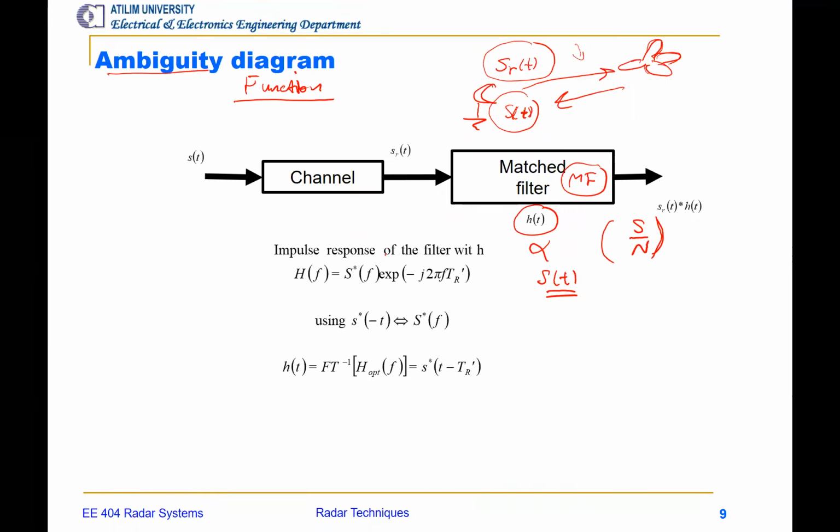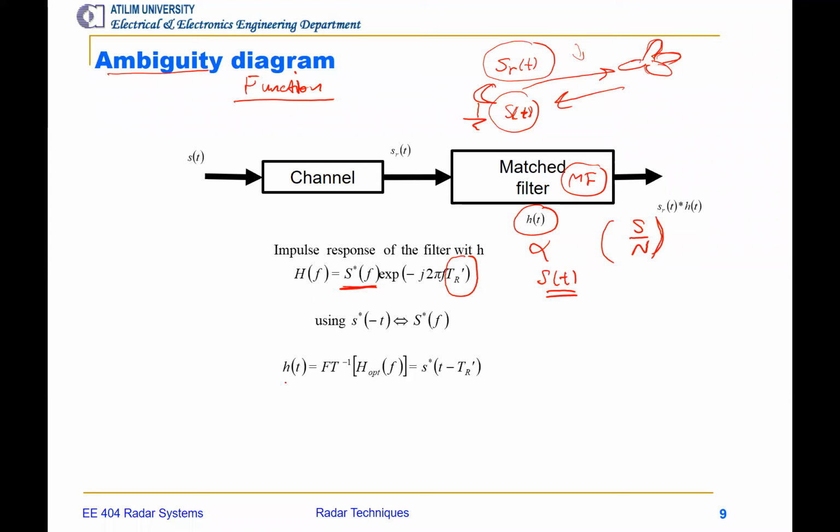The impulse response of the matched filter, as we derived previously, is the complex conjugate of the spectrum of the transmitted signal times an exponential function, which includes TR prime, the estimated time due to the pulse traveling to the target and returning to the radar.